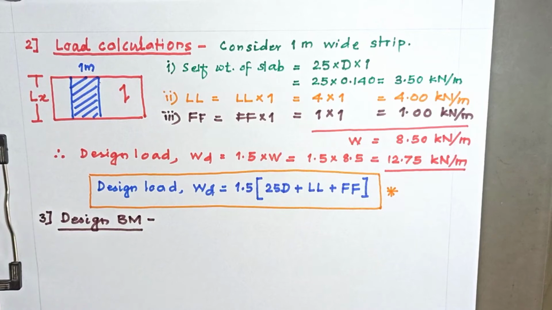Now for the design bending moment, this is a simply supported slab, WL square by 8, so the effective length is required to be calculated.